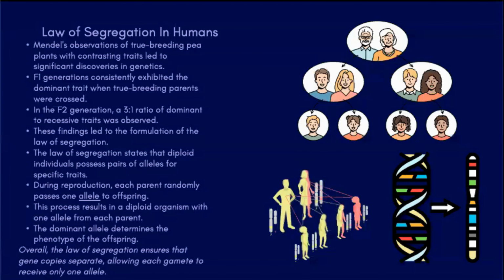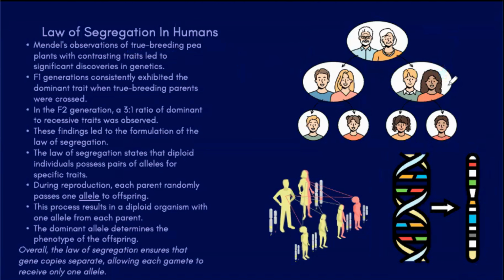So when we talk about the law of segregation in humans, we talk about Gregor Mendel. Remember, he did true breeding, and he found some characteristics that are representative of our genetics. So we have what's called an F1 generation, which means from parent to offspring. This is the first generation.